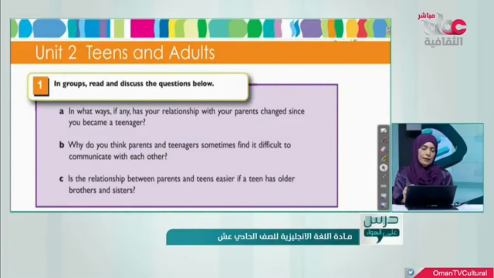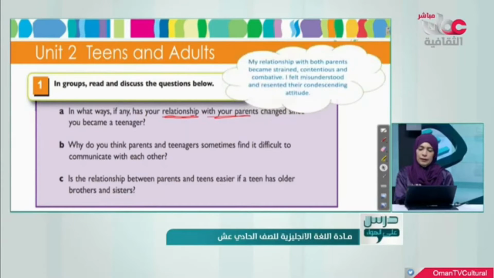As you can see here, question number A, in what ways, if any, has your relationship with your parents changed? Here we will focus on the relationship between teenagers and their parents. When you move to this stage of your life, did you notice any changes? Here I have a response from one of the students who reflected on this question, and she said, my relationship with both parents became strained, continuous, and competitive.